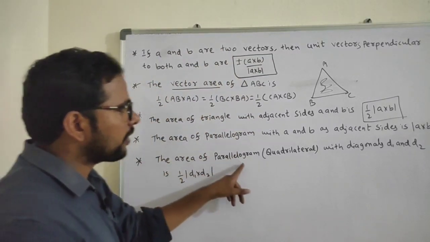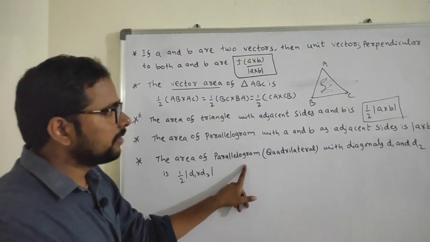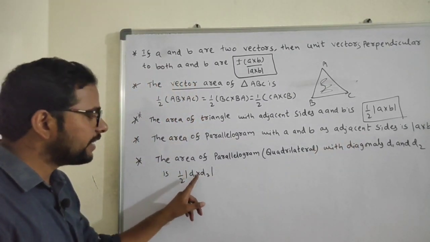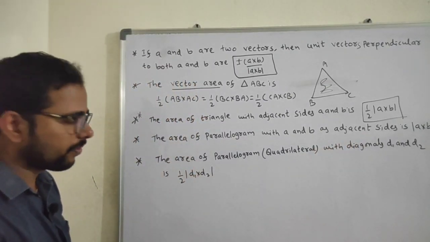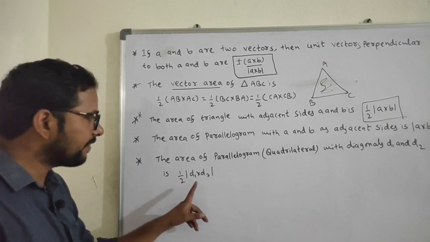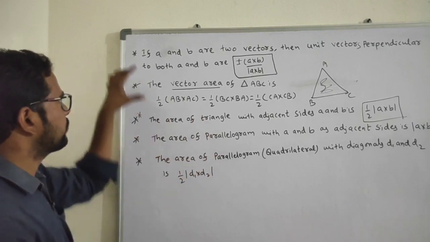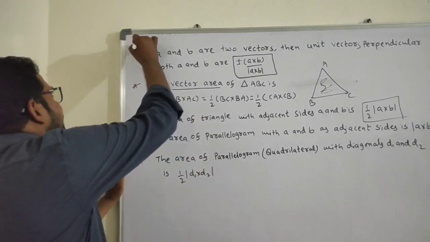The area of a parallelogram or any quadrilateral with diagonals D1 and D2 is half into modulus D1 cross D2. These four formulas are very, very important.